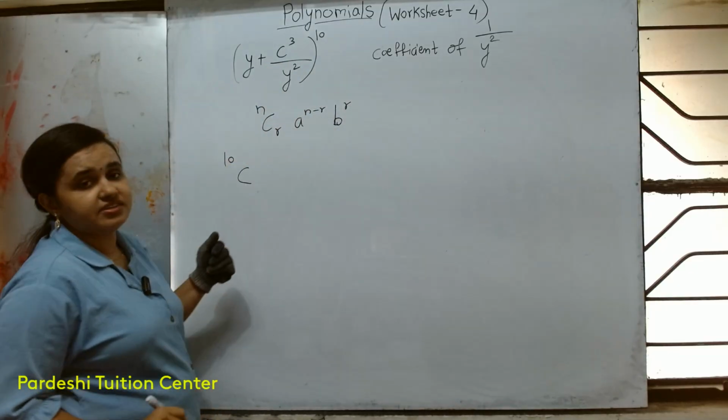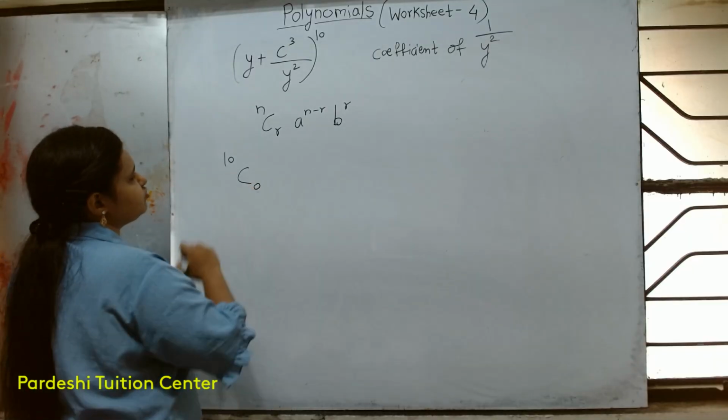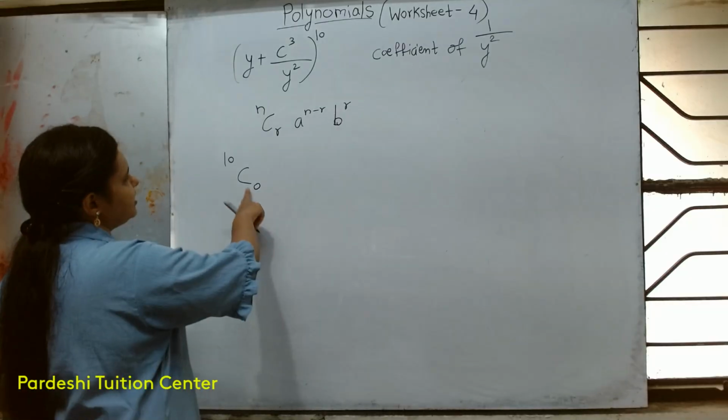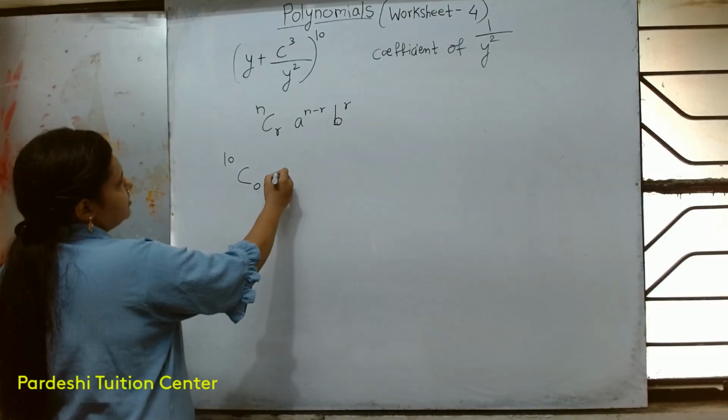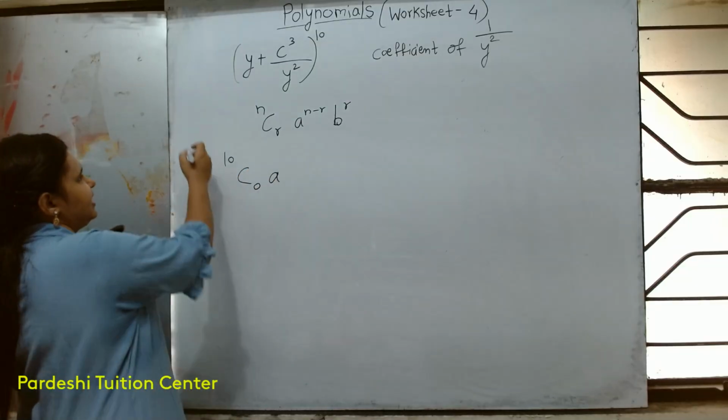Now the first term always starts with r equal to 0. So here r is equal to 0. Now a to the power n minus r, that is 10 minus 0, here n is equal to 10.